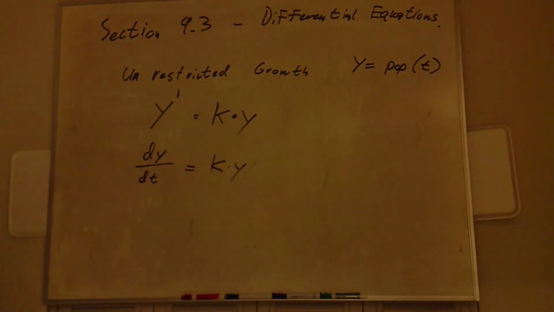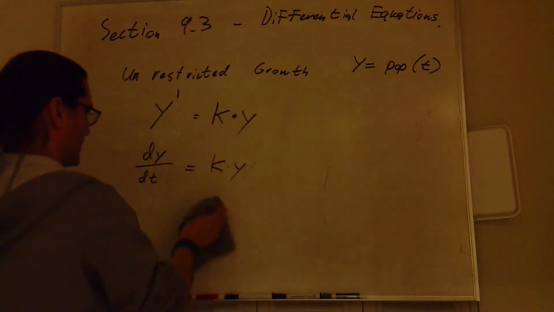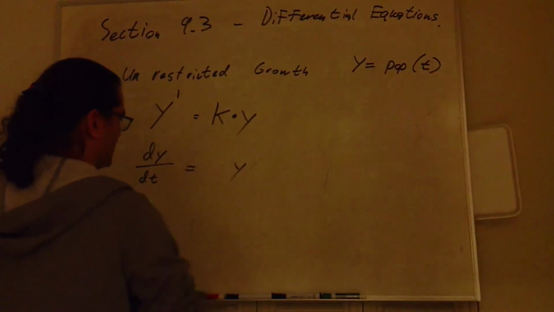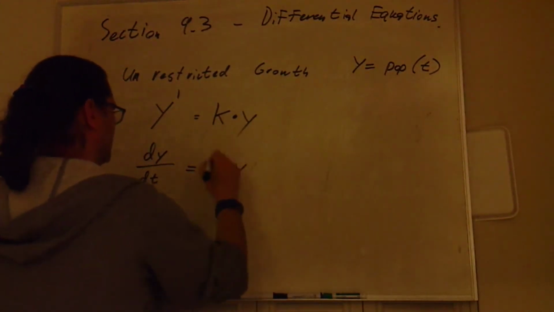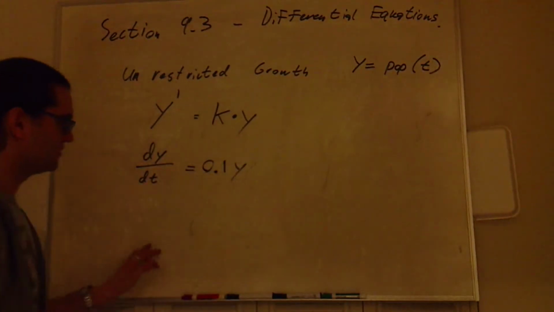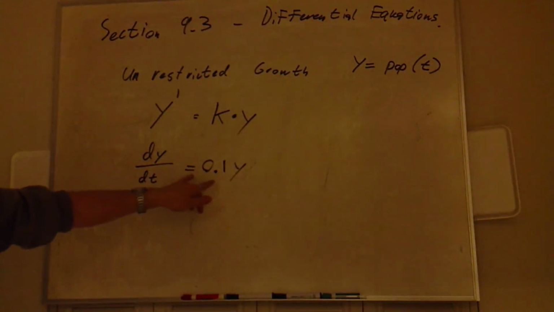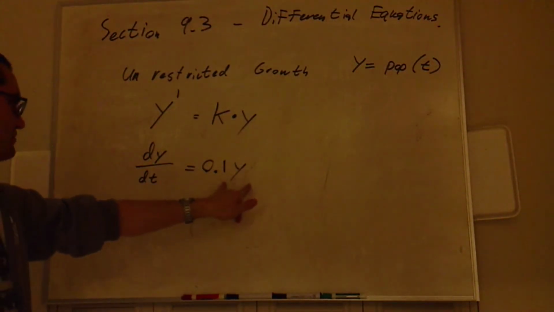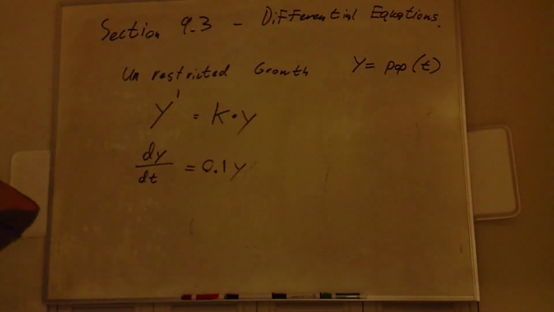K is a constant. Let's say that we know what K is. Let's say K is 0.1. So however much you have, your rate of growth will be 1/10 that amount.